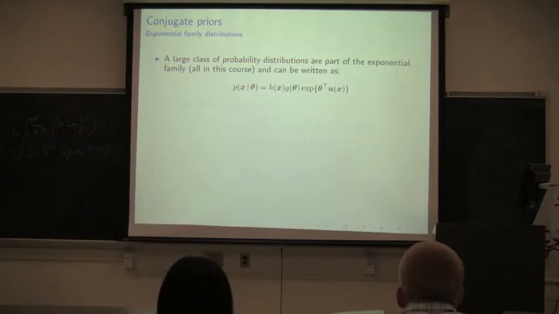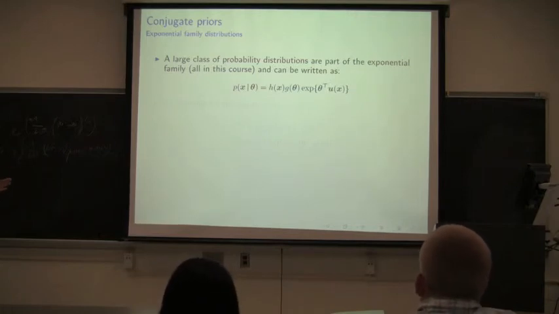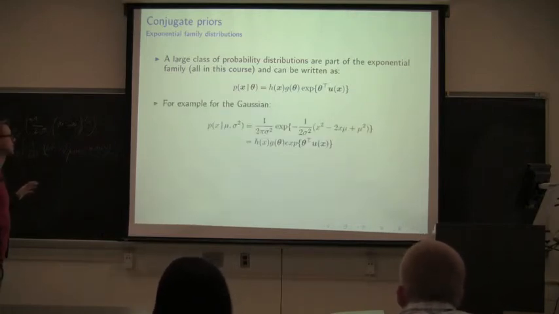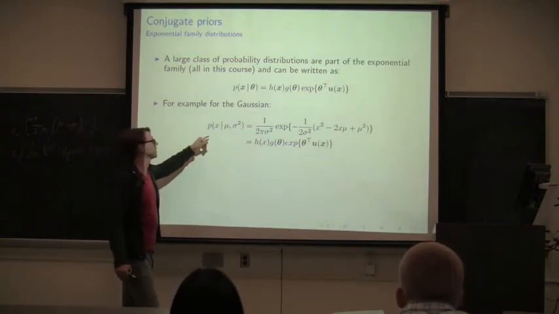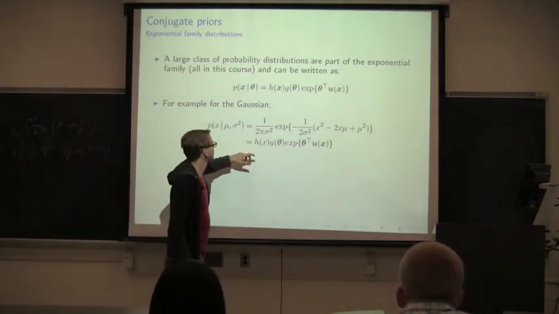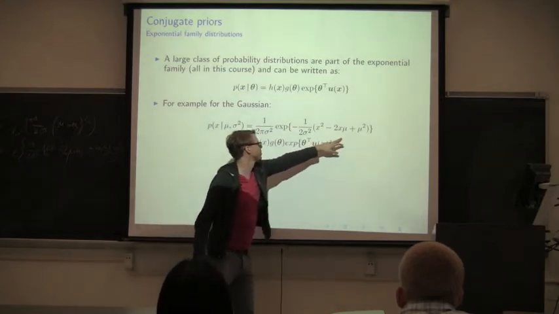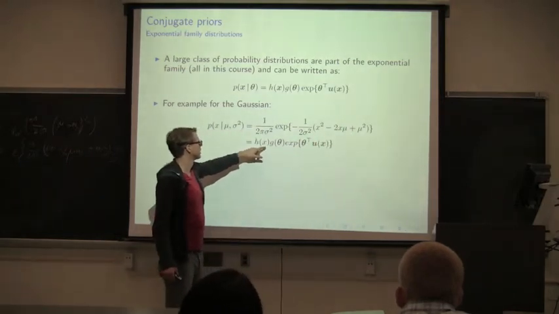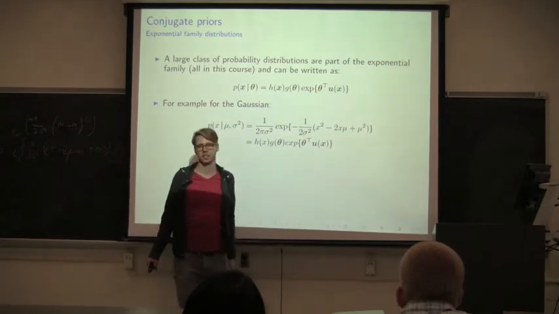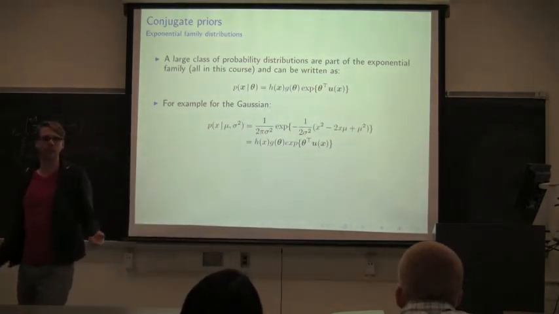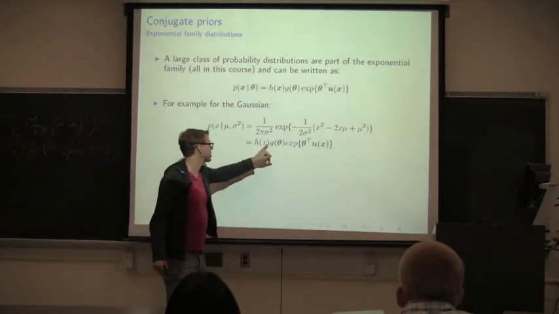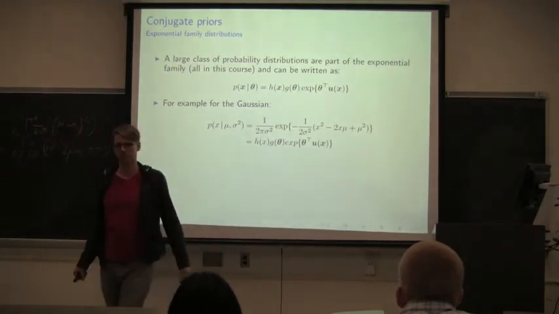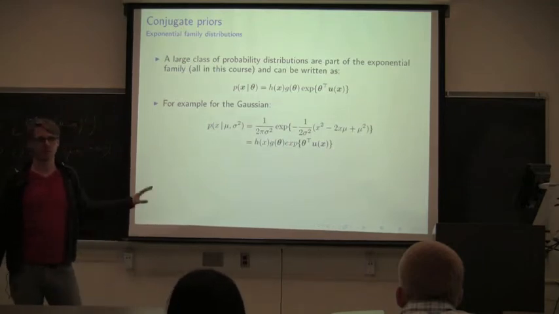And the normal distribution, for example, falls into this category. In the way we typically see the Gaussian, this is not true. You cannot take the mean and the variance and write it into this form. But what we can do is find a different set of parameters and the functions h, g, and u for which it will have this form.